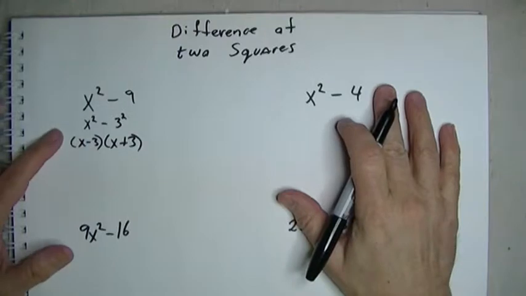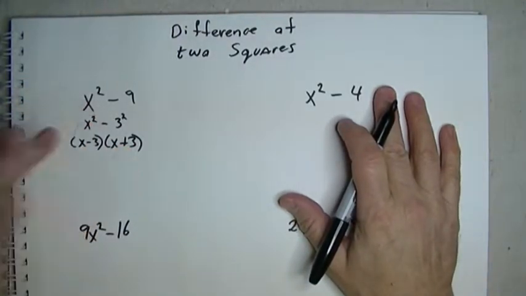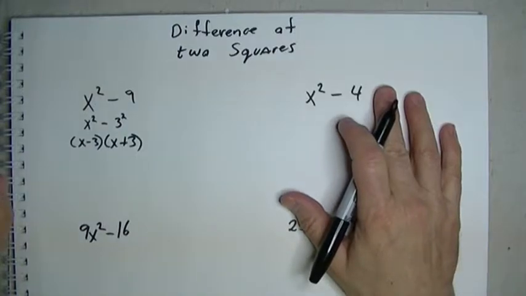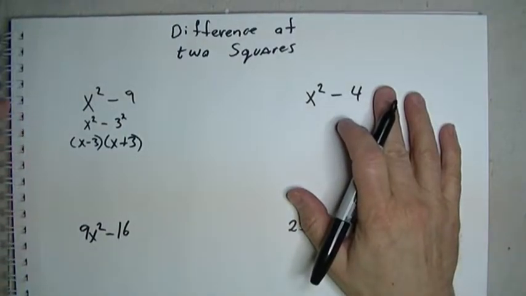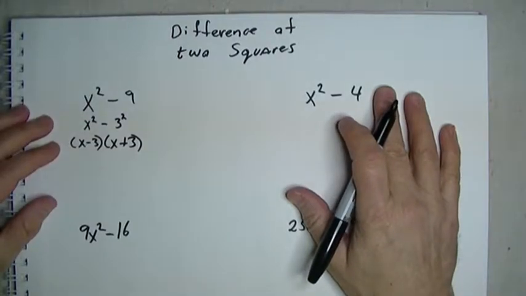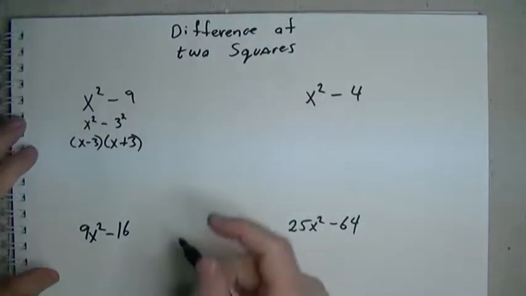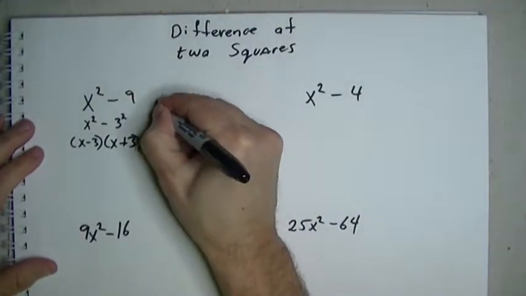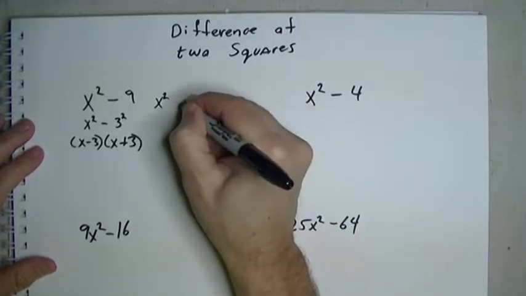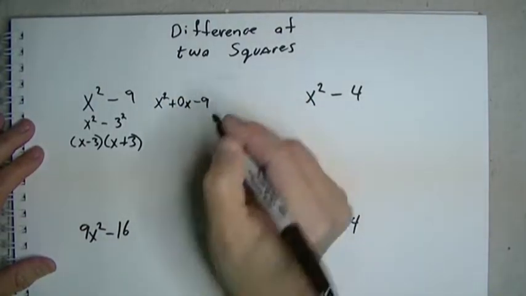So if you can recognize it and remember that it's just x minus the thing and x plus the thing, boom, you are done. And don't get upset if you think, oh, that's just one more thing I've got to remember. Why do I need to remember a special case when I don't have to? That's fine. As long as you remember, you've got to think of this as x squared plus 0x minus 9.